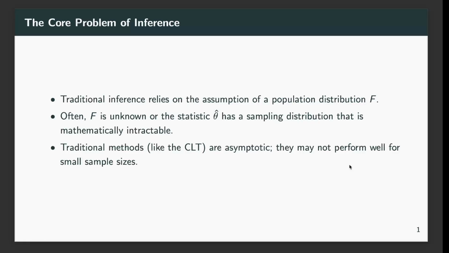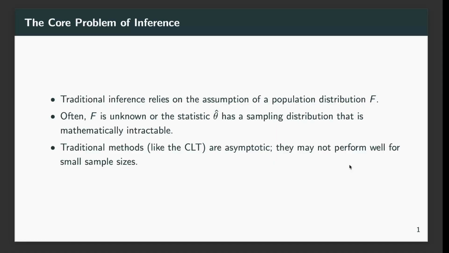We can check the goodness of fit, but we can never be sure. And even if we accept a model, the sampling distributions for complicated statistics, for example the ratio of two sample means, may not have a clean or simple form. To derive it would require a very, very long calculation.